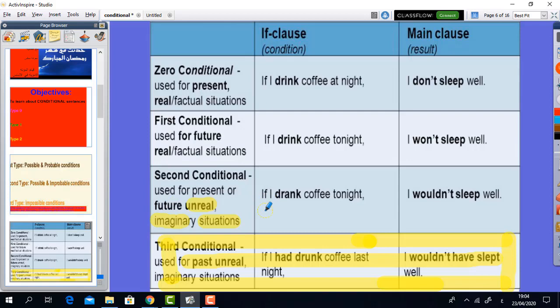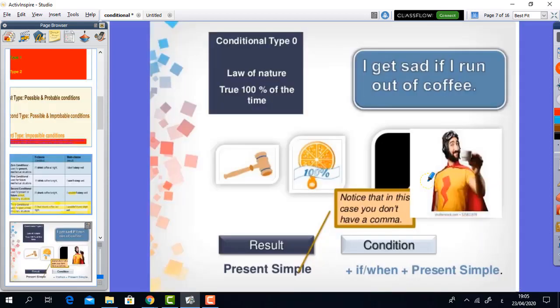One example, if I drank coffee tonight, I wouldn't sleep well. Focus on wouldn't, which is followed by the bare infinitive of the verb. Let's take some examples which will clarify the idea.